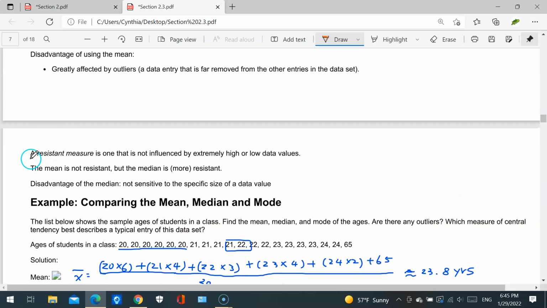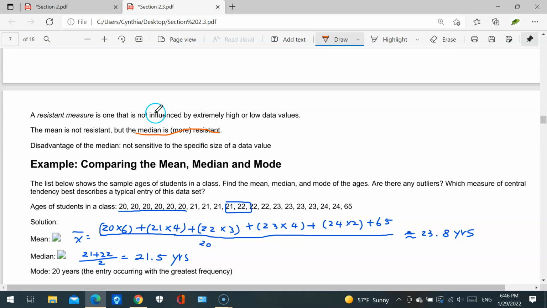Here you need to know the mean is not resistant because when there's an outlier, the mean will change. The median is resistant, but it is not sensitive to describe the data tendency. So there are good and bad points between the mean and the median, and we will talk more about that.